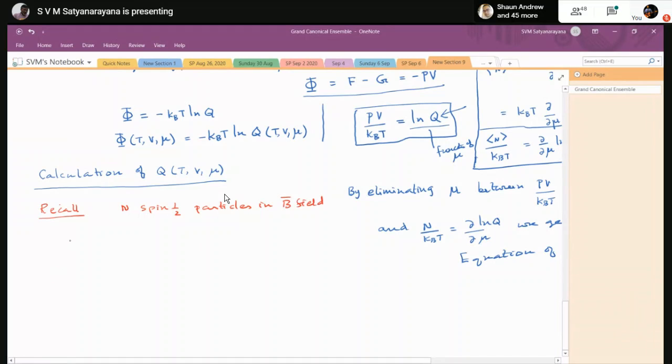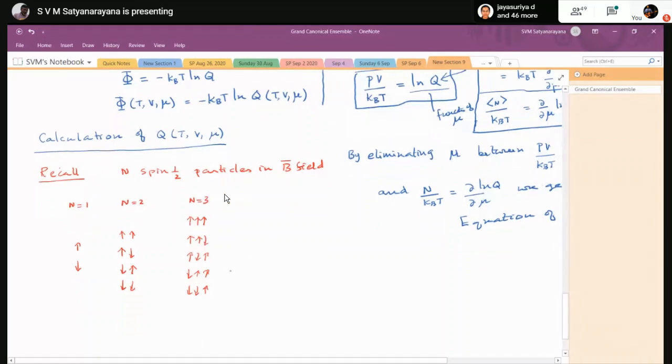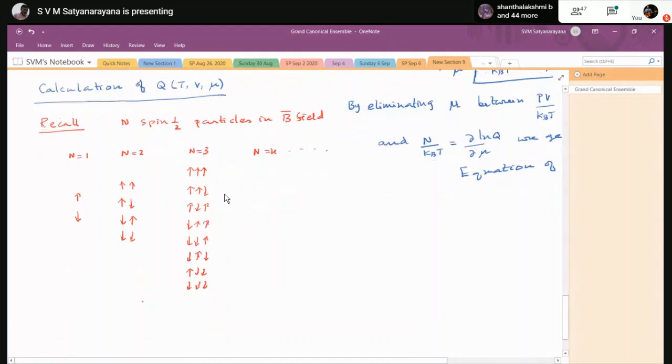Then I wrote down that if you have only one particle, you have only two microstates associated with that. If you have two particles, you have four microstates, and if you have three particles, there are 8 microstates. These are up, down, up up, down down, and so on, and then you have n equal to 4, n equal to 5, etc. And you remember that we said that all these microstates are accessible, since n is not fixed.